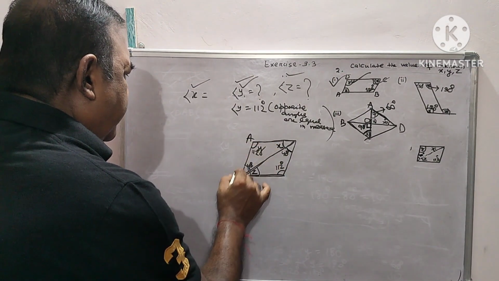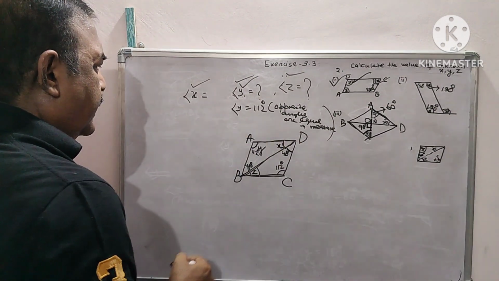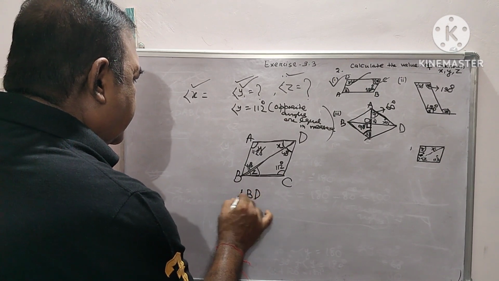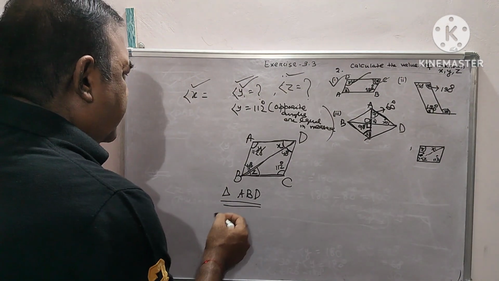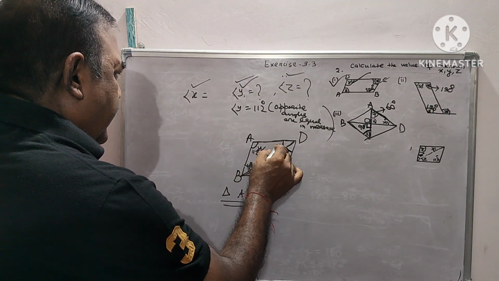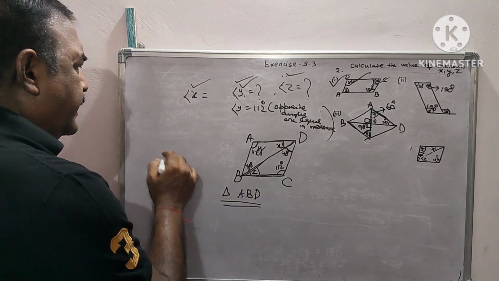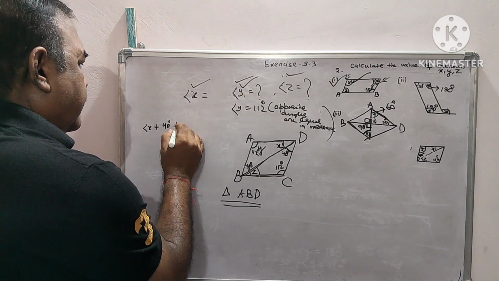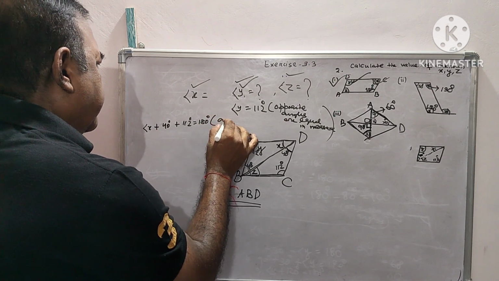So you see A, B, C, D. In this triangle, in triangle ABD, you see, what is the angle sum property? The sum of the measures of the interior angles, that means angle x plus 40 degrees plus 112 degrees, is equal to 180 degrees.